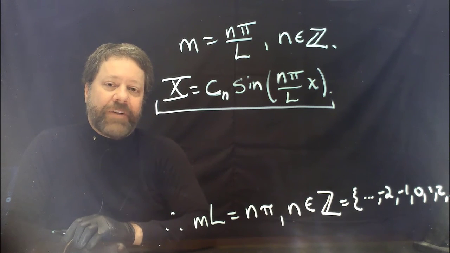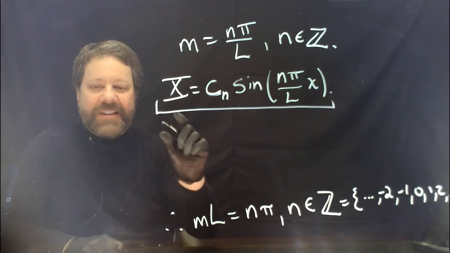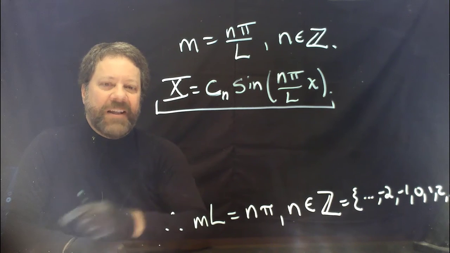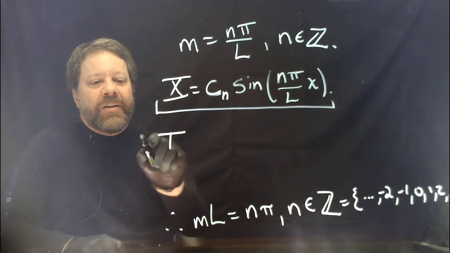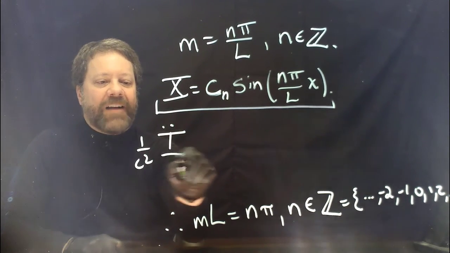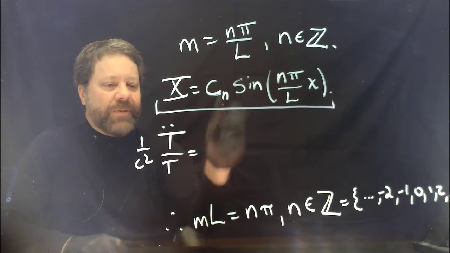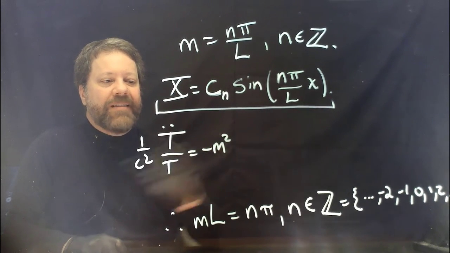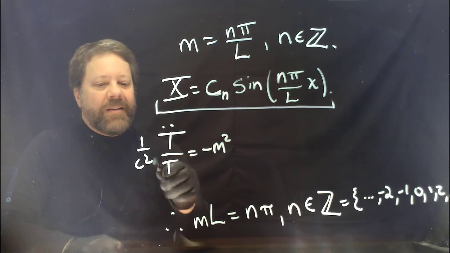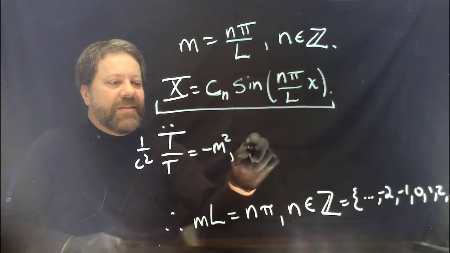What's left is to figure out what capital T, the function of time, is. Remember that 1 over c squared T double dot over T is also equal to this minus m squared. What do we have in this case?